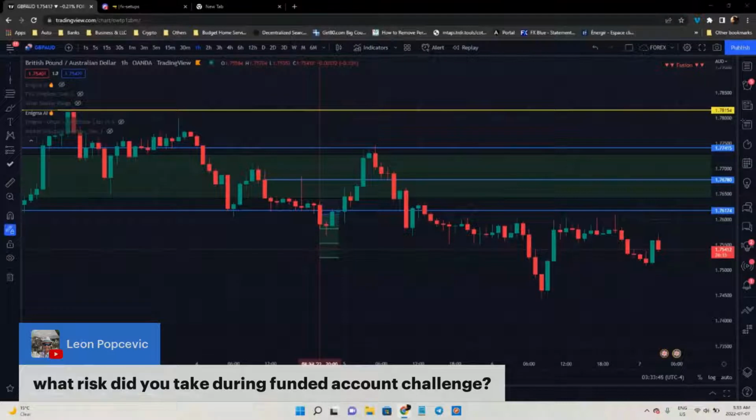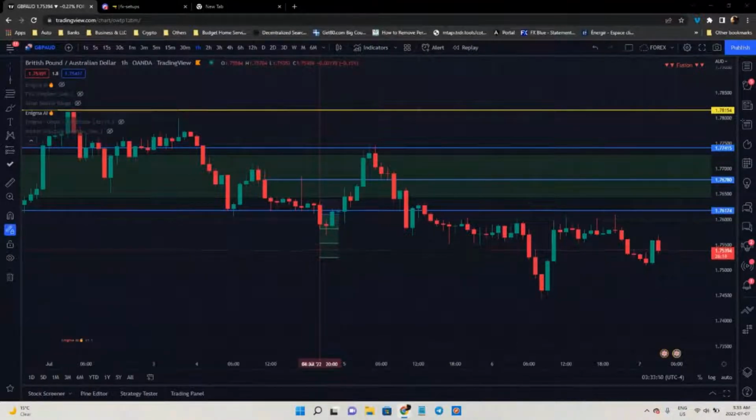What risk did you take during the funded challenge account? Okay, so I'll tell you exactly what my actual lot size is per $1,000. My risk is 0.10.